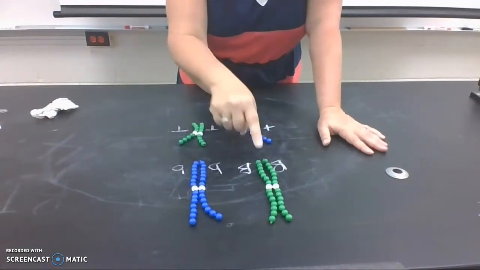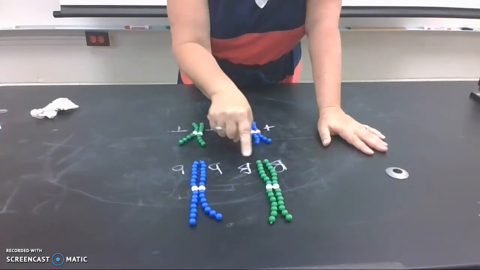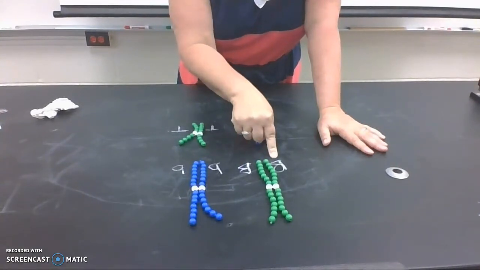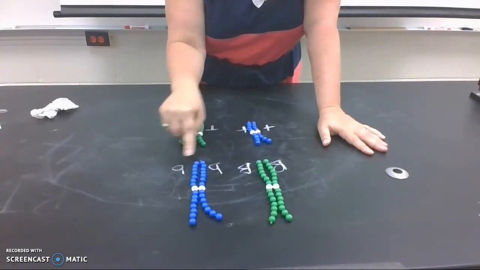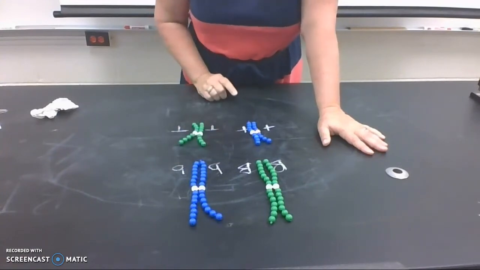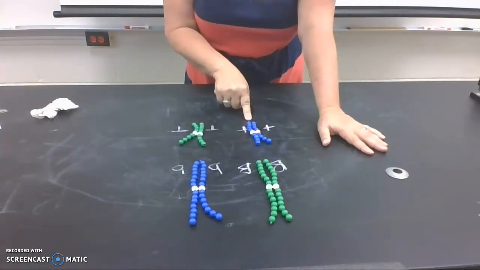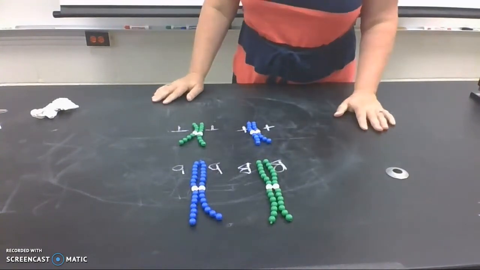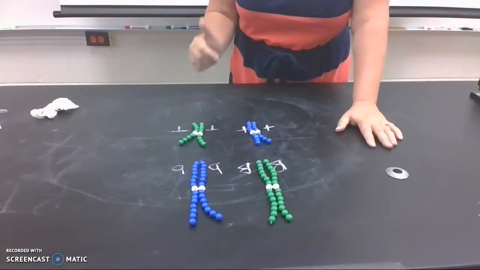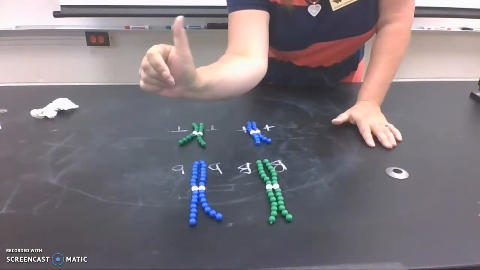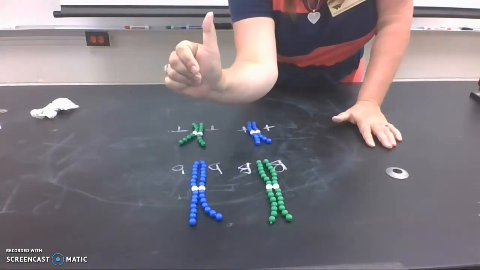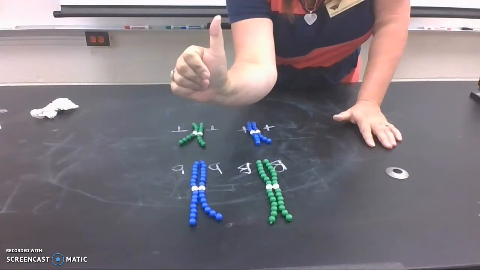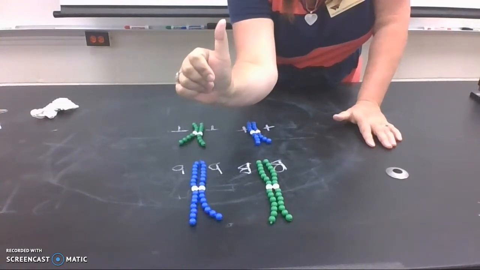So we've got 2 sister chromatids with big B brown eyes, and then we've got 2 sister chromatids with little b blue eyes. And then down here, we have another trait, a thumb trait in humans. Now, if you look at my thumb, if I hold it right, my thumb is called straight thumb. And straight thumb is represented by a little t.